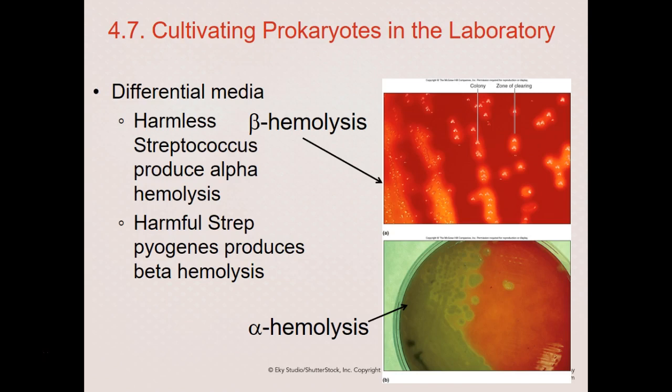And Strep pyogenes causes beta hemolysis of blood. So it basically breaks it down really badly. Alpha hemolysis of blood is caused by other streptococcal species like Enterococcus faecalis. And so it doesn't cause disease the same way. And I believe there's also a gamma hemolysis, I think it's gamma, where there's no breakdown of blood cells at all.